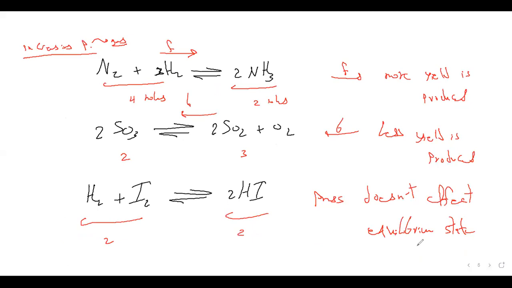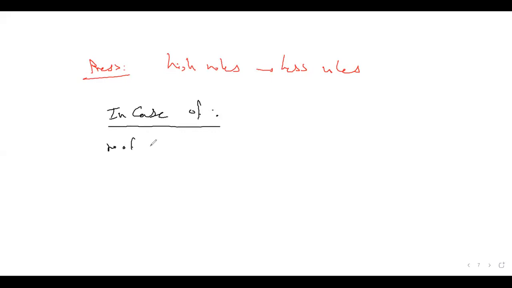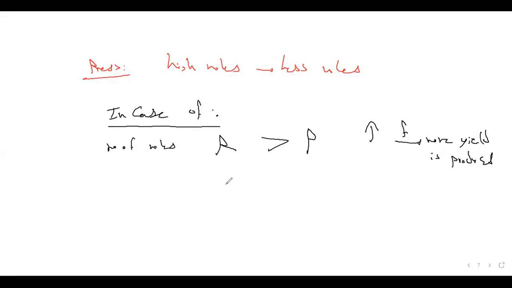Number 2, pressure: by increasing pressure, the reaction moves from more moles to fewer moles. If the number of moles of reactants is greater than products, by increasing pressure the reaction moves forward and more yield is produced. If the number of moles of products is greater than reactants, by increasing pressure the reaction moves backward and less yield is produced.